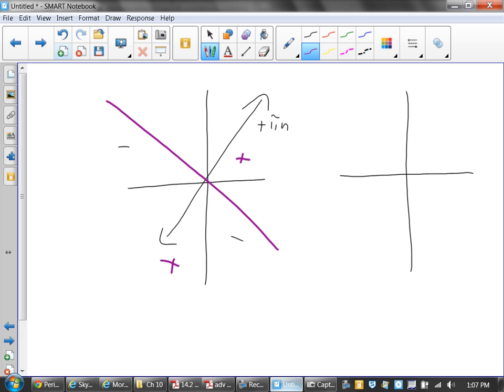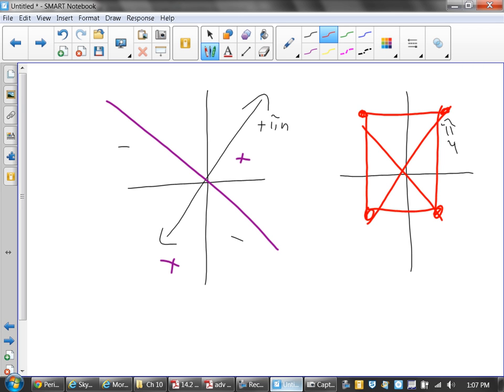If you are on your 45s, pi over 4 all the way around, you create a square. All of these values are the same distances apart. This is when it's plus 2 pi, plus pi over 2, plus pi over 2, plus pi over 2. That only happens when you're talking about general solution.